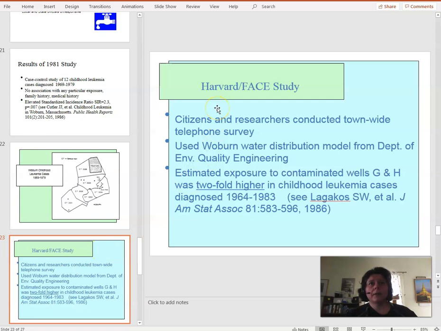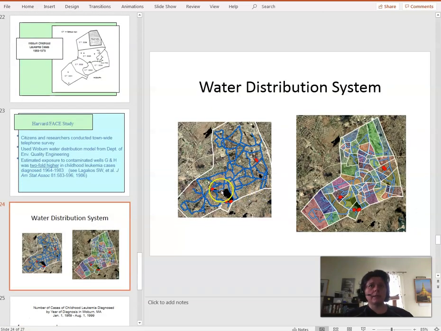There was another Harvard study that looked at it, and they did a telephone survey and used the water distribution system, and they estimated the contamination from wells G and H were twofold higher in childhood leukemia cases, so they really were linked to it as a case.